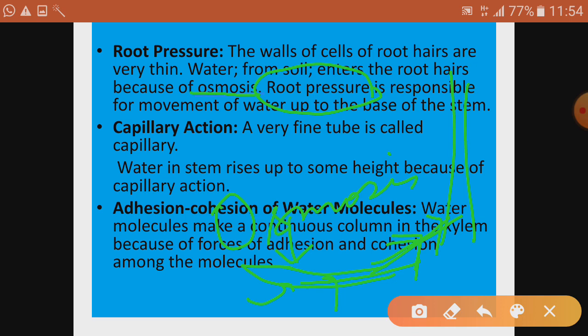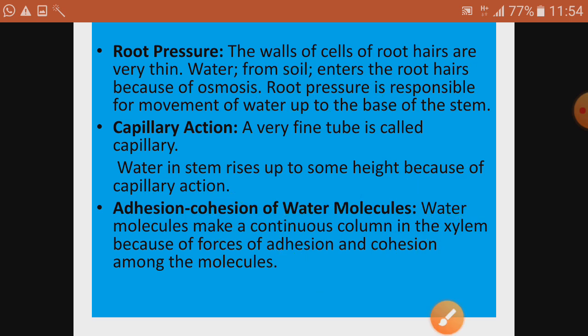So the pressure exerted by root on water so that it can move in upward direction in xylem is known as root pressure. But this root pressure is considered to be okay for small plants. If the plants are smaller, then it's okay that the water is moving in upward direction because of root pressure, because it is not enough to help the tall trees to get the water.